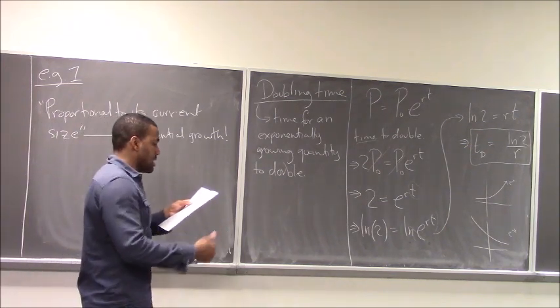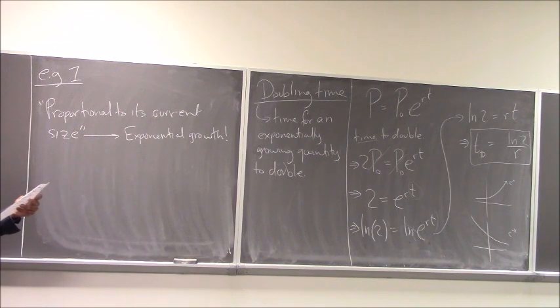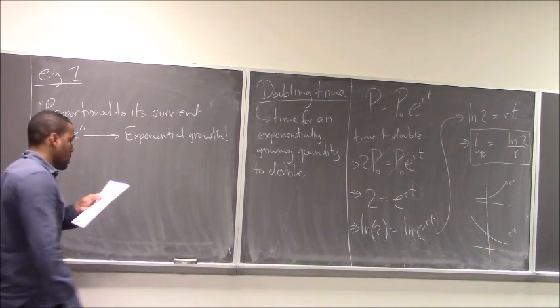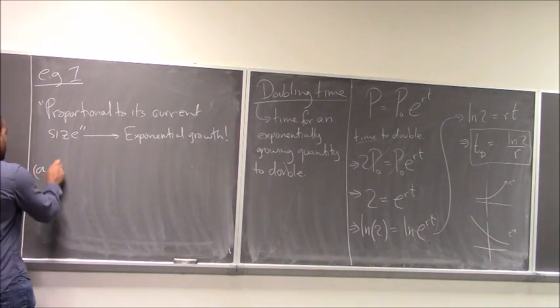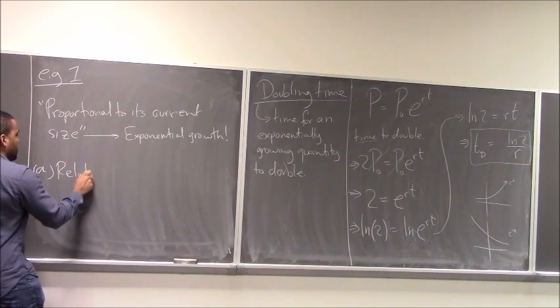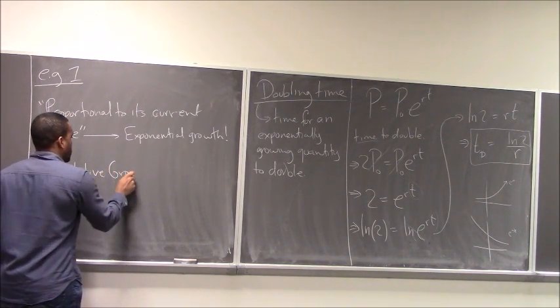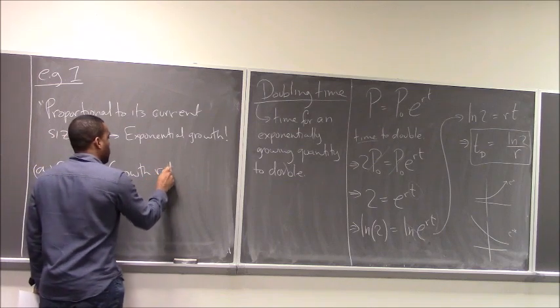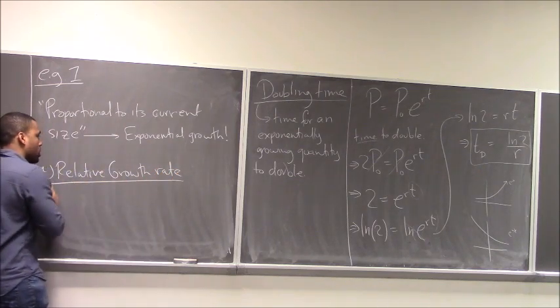So we're given the size of the population at 2 points in time, and now in part A we want to find the relative growth rate. Now, if I ask for the relative growth rate, what am I asking for?